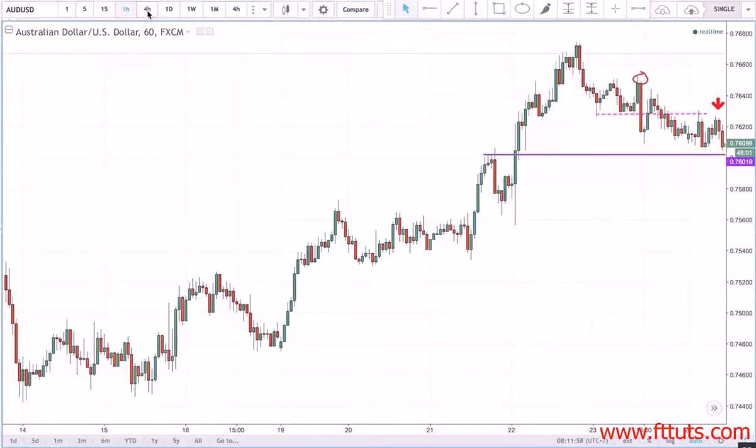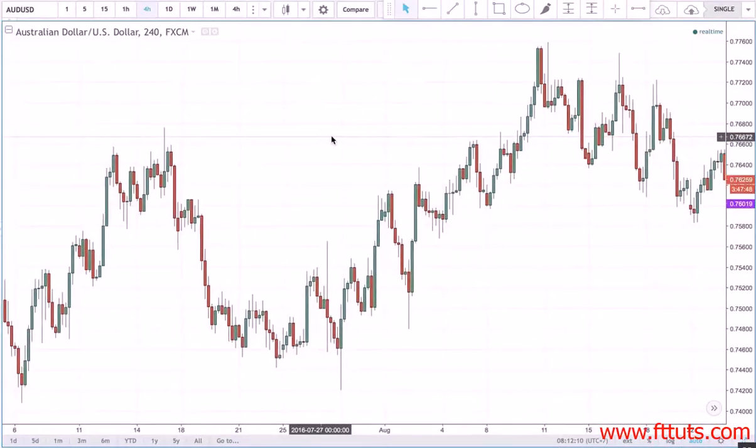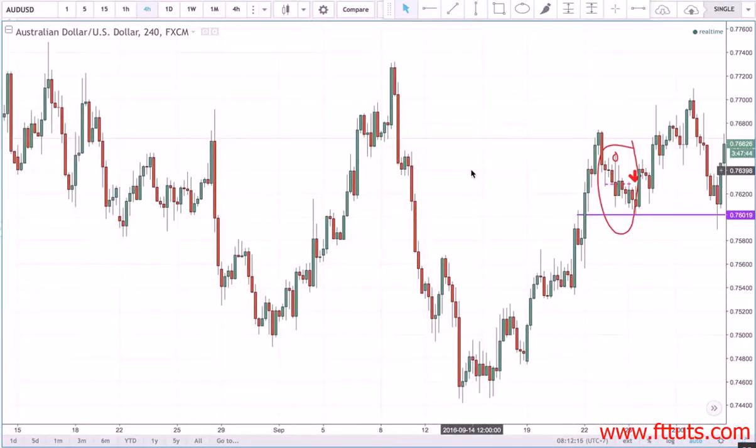All right, so let's go up to the 4-hour charts. Let me first circle this entire area so we know where we are. Let me go up to the 4 hours. Okay, here we are. Now notice the area where we were looking to sell on the 1 hour.